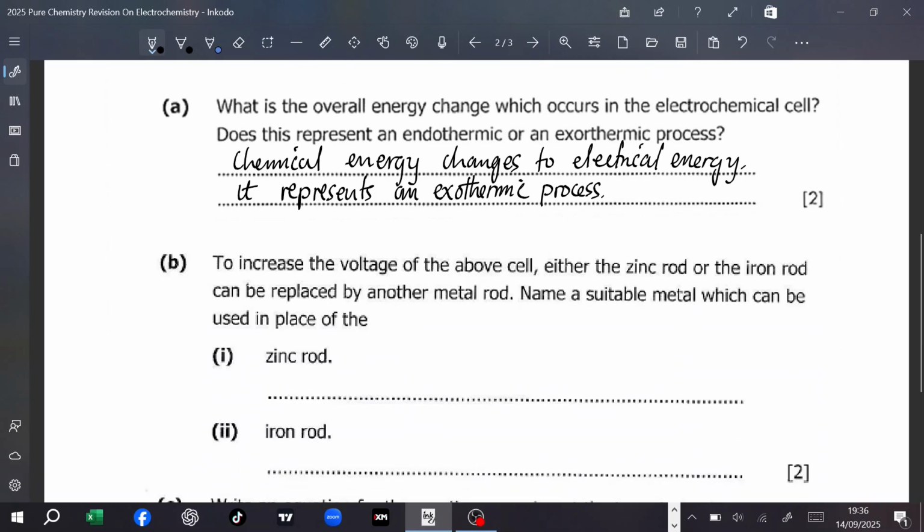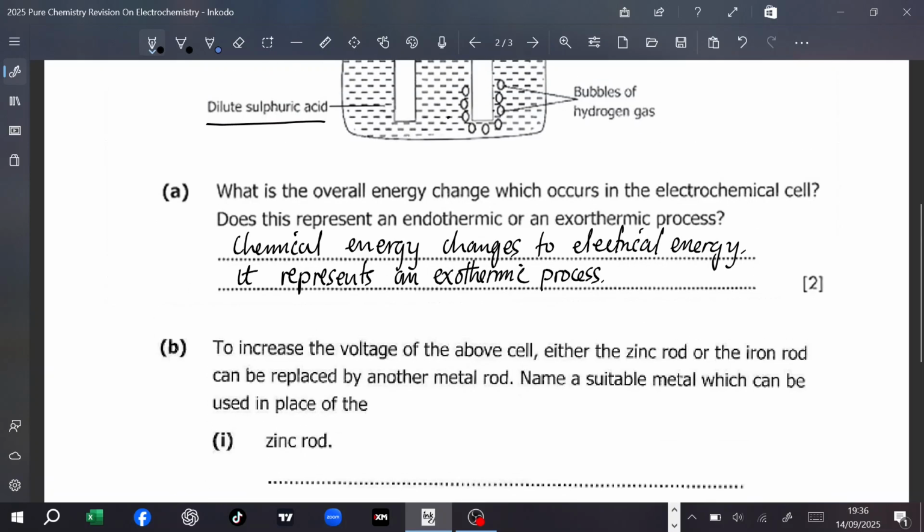Then we come to question B. They're saying to increase the voltage of the above cell, either the zinc rod or the iron rod can be replaced by another metal rod. Name a suitable metal which can be used in place of (i) the zinc rod, (ii) the iron rod.